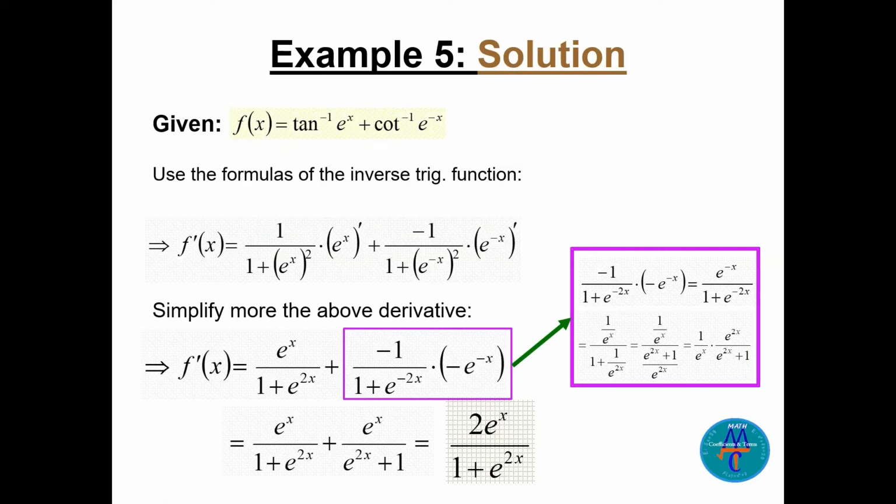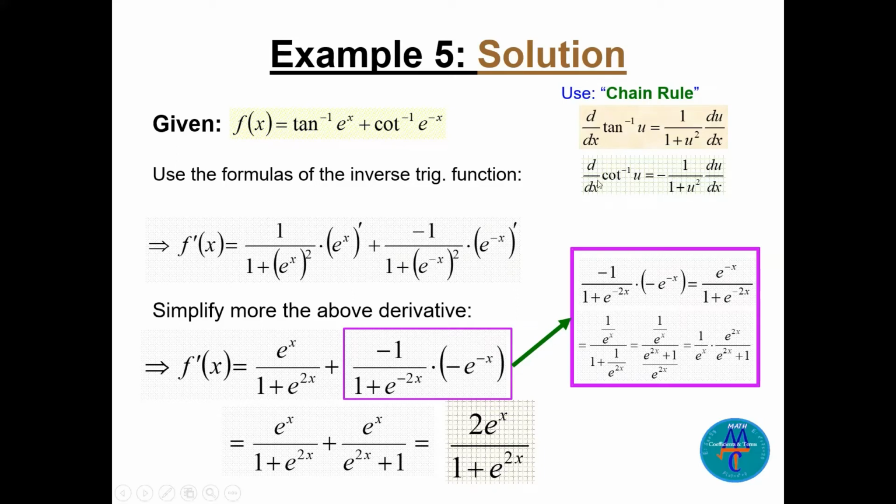Okay, we have to use the chain rule. The derivative of inverse tan of u will be 1 over 1 plus u squared times du over dx. And the derivative of inverse cotan of u has a minus: minus 1 over 1 plus u squared times du over dx.